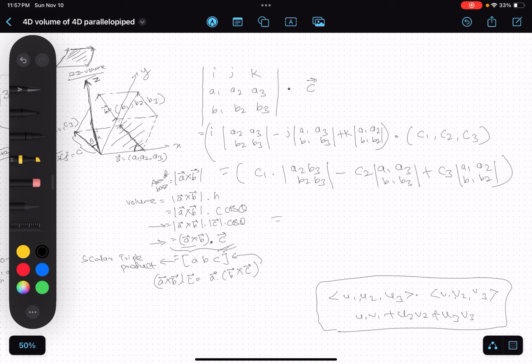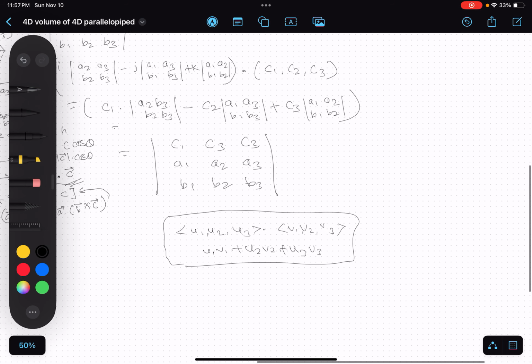Now I can definitely write it as the determinant with rows c1 c2 c3, a1 a2 a3, b1 b2 b3, because if you look at it, i j k are just replaced by c1 c2 c3, right? So this will obviously be equal to the original determinant where i j k are replaced by c1 c2 c3, and that's what I have done, right?